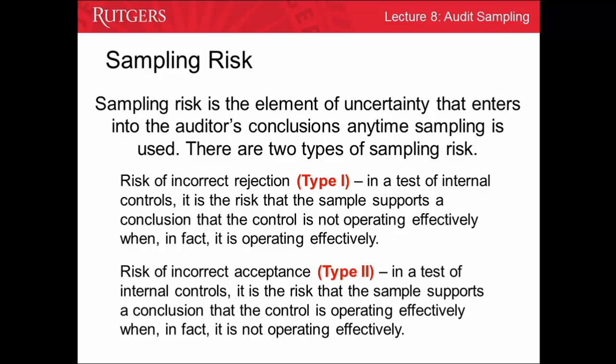Because of the potentially severe consequences of a type 2 decision error, auditors design their sampling applications to keep this risk to an acceptable low level.